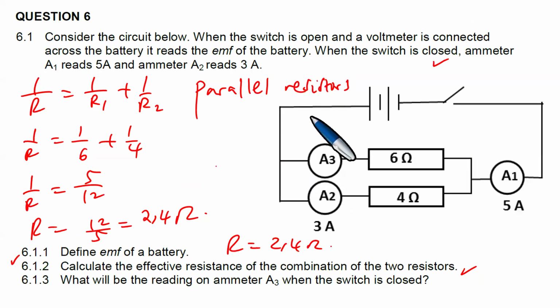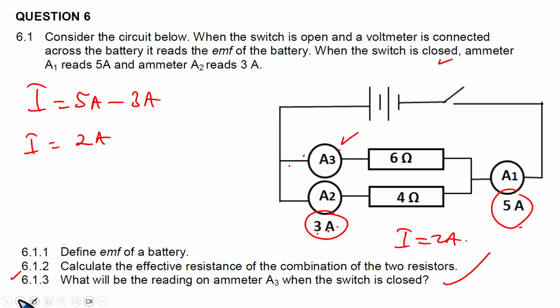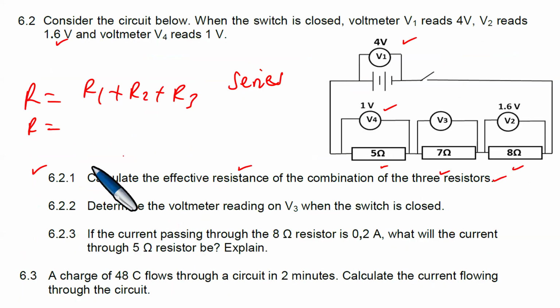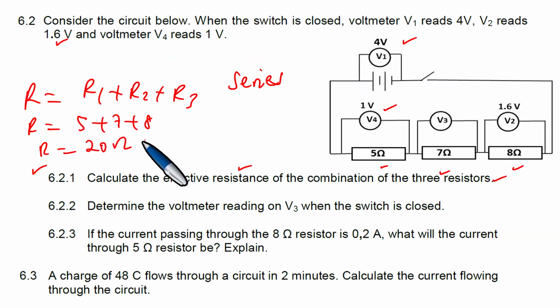This one is for series. So we're going to have 5 plus 7 plus 8, which is 20 ohms. So the effective resistance for the combination of the 3 resistors is 20 ohms.